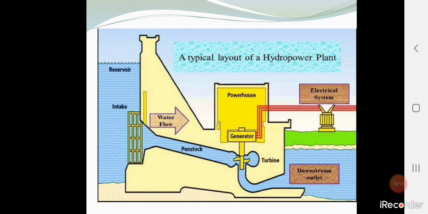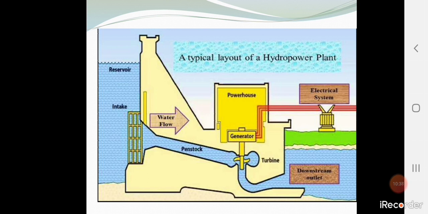This is essential because when water is released from the reservoir through the dam, it flows with high pressure and velocity, which may damage the penstock. Suppose your hydropower plant is a huge project, then at that time the penstock alone is not sufficient. It has to be supported by a concrete structure which is called anchor blocks.